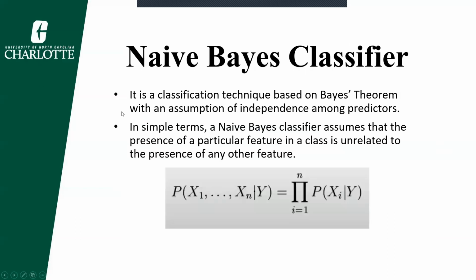The third one is the Naive Bayes classifier. It is a classification technique based on Bayes theorem. It also has an assumption of independence among predictors. To elaborate, the naive Bayes classifier predicts the most probable class for each instance.